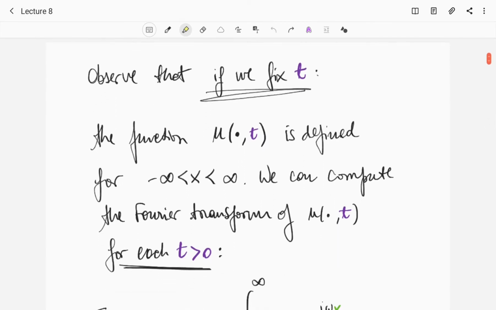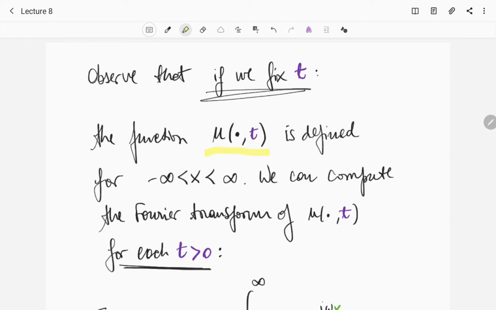Okay, so if we fix t, imagine that t is equal to some fixed t, I don't know, 10, 100, whatever, one particular t, then this function u of this variable, which is usually called x, of this fixed t, so now t is fixed, it's not moving anymore, it's not a variable anymore, it's just a number.